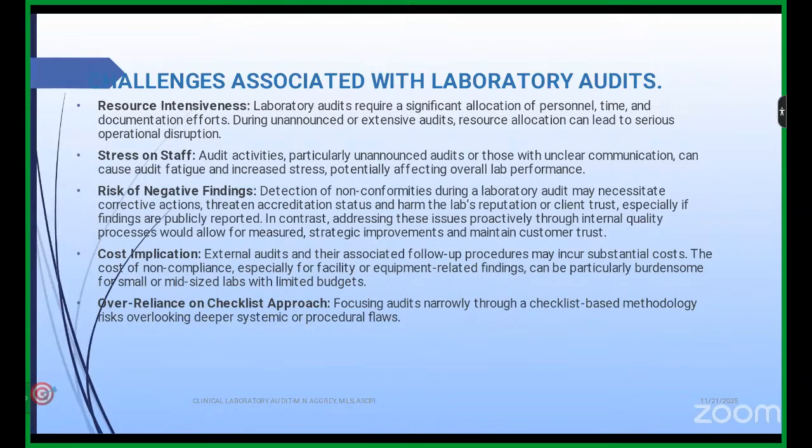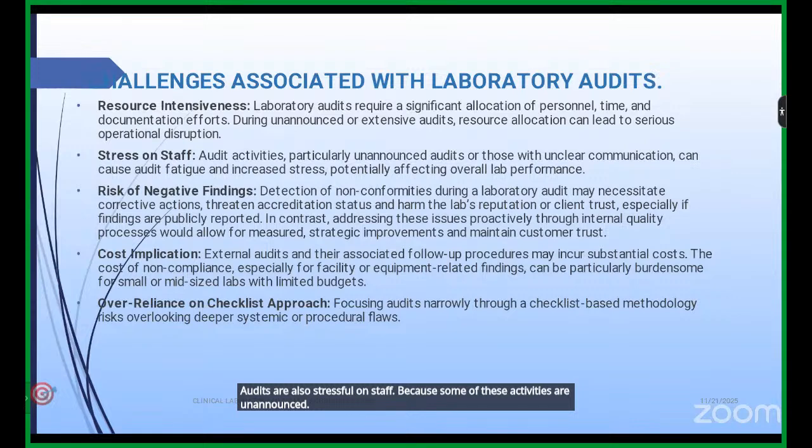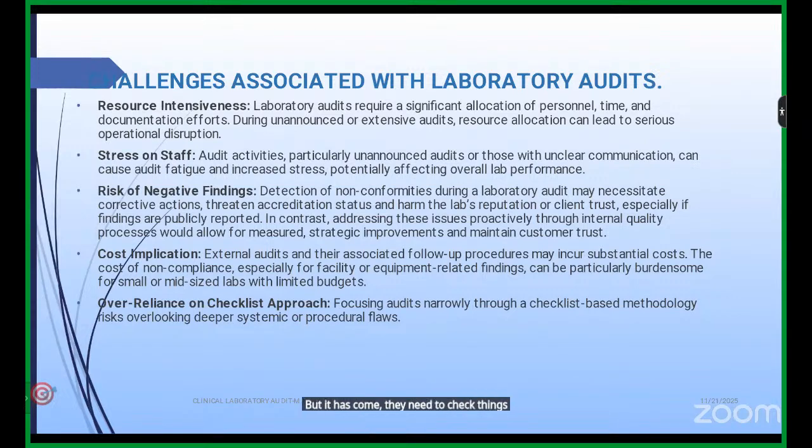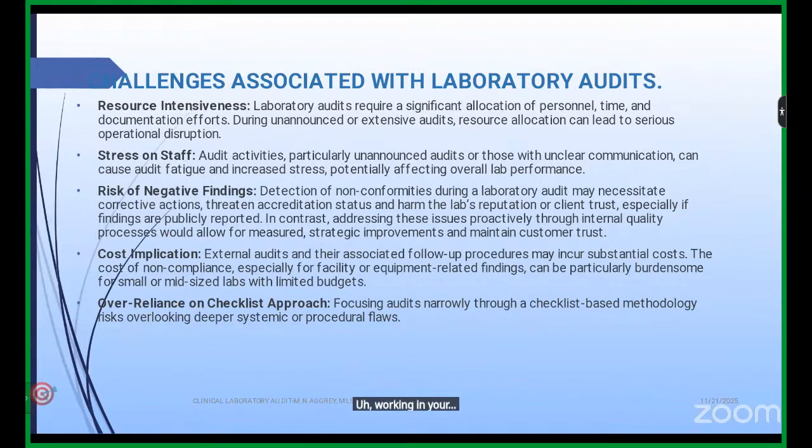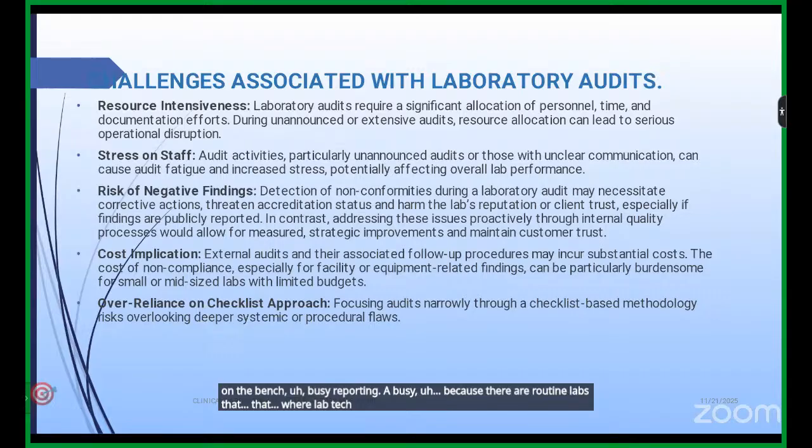Audits are also stressful on staff because some of these activities are unannounced. Auditors come, they need to check things, they need to interview you. You are busy working in your procedures, you're busy working on the bench, busy reporting, busy because there are routine labs where lab techs are also phlebotomists.